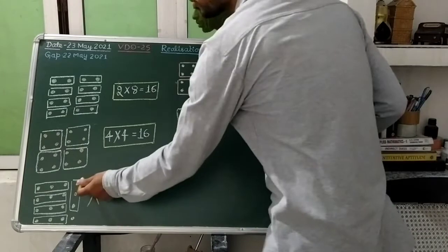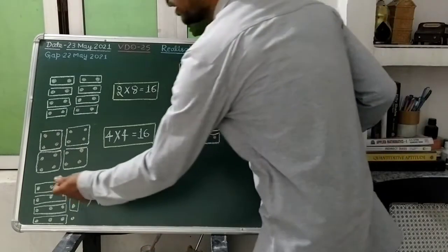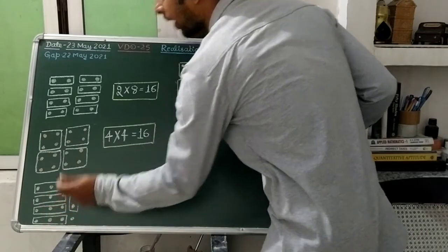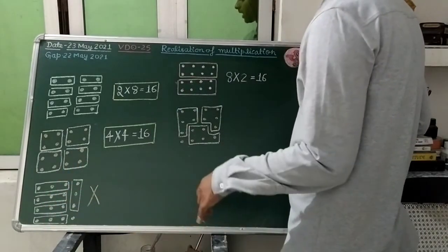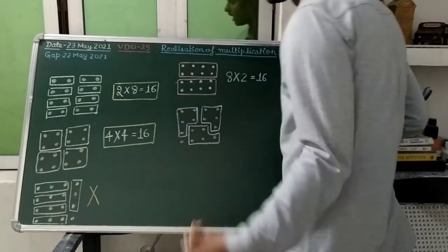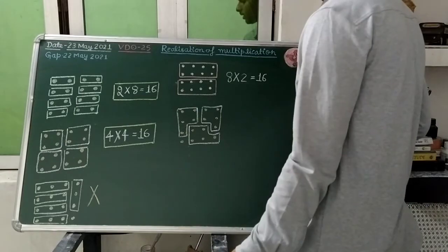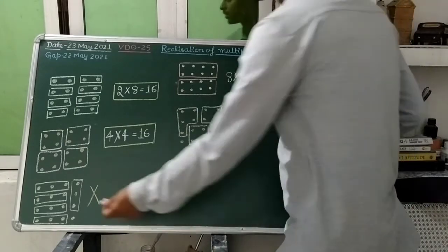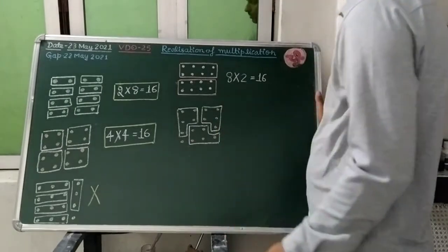Here when you look students, there are groups of 3 dots, so how many groups are you finding? 1, 2, 3, 4, 5. So 3 5s are 15, 1 dot will be left, so 15 plus 1 is going to give you what? 16. So since 1 dot will be left, we will not group them like this, isn't it?